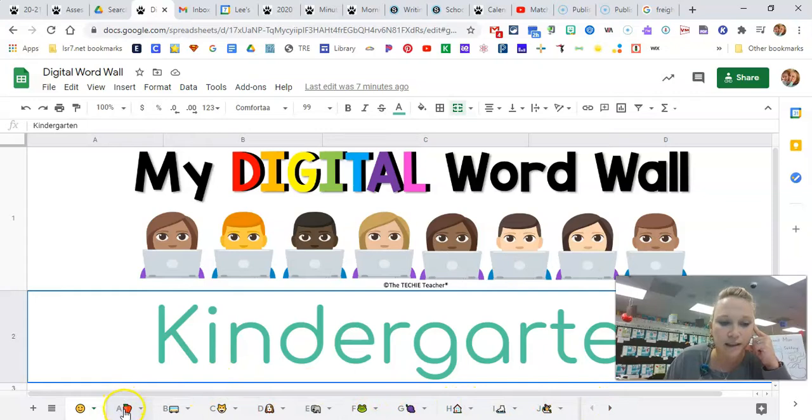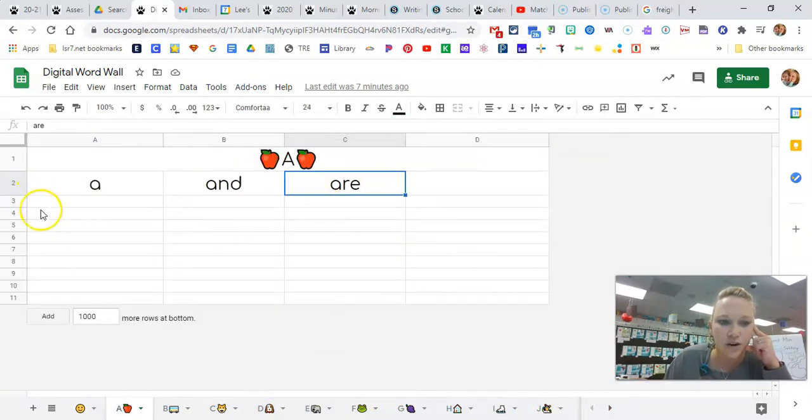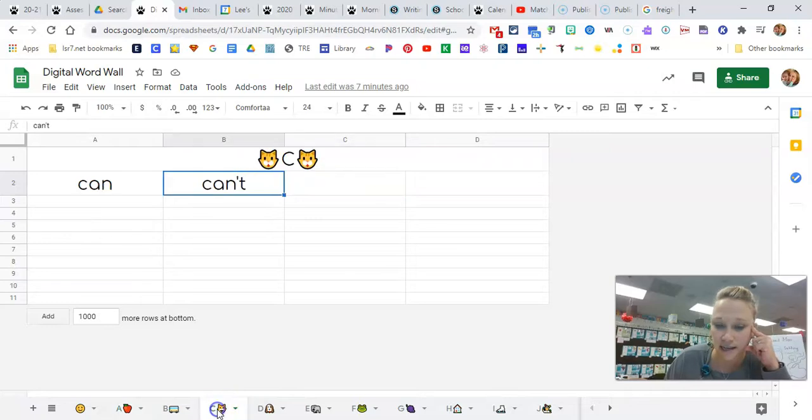Well, if I click on A, there are our word wall letters for the letter A. If I come over here and click on C, then I have the word can and can't. So all of the words that we have up on our word wall in the classroom are now here in our digital word wall.